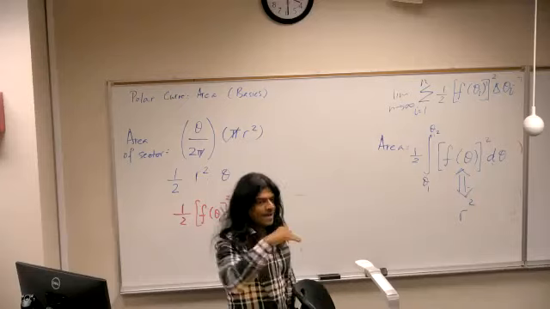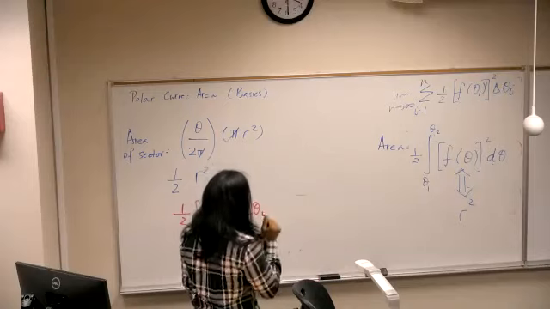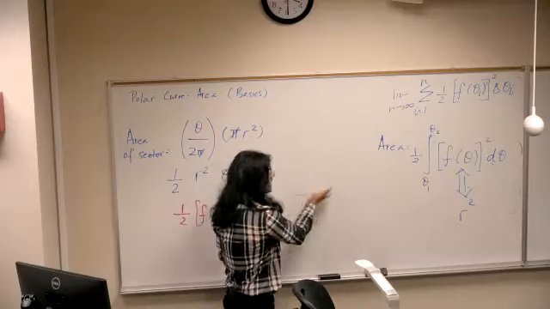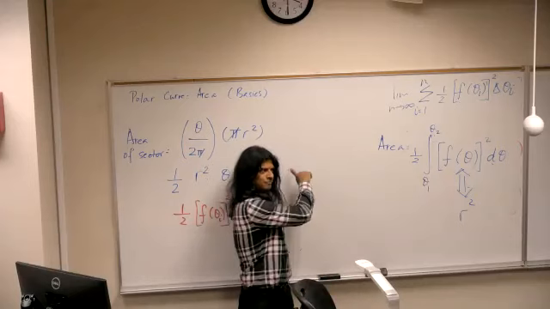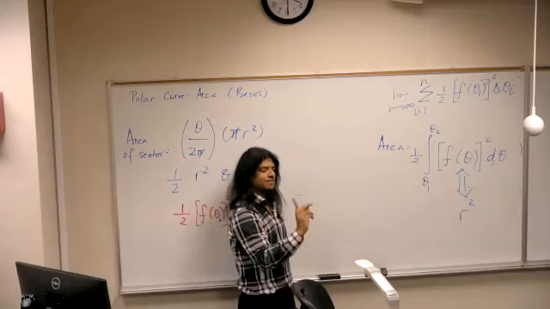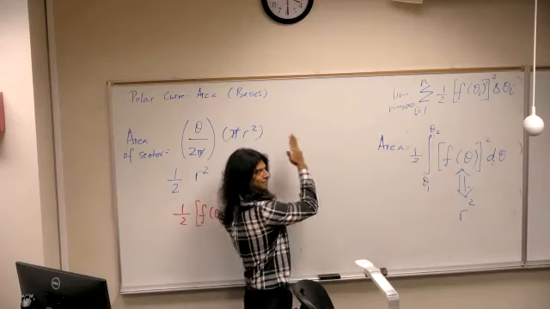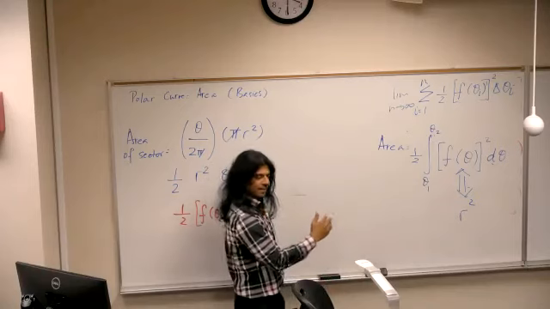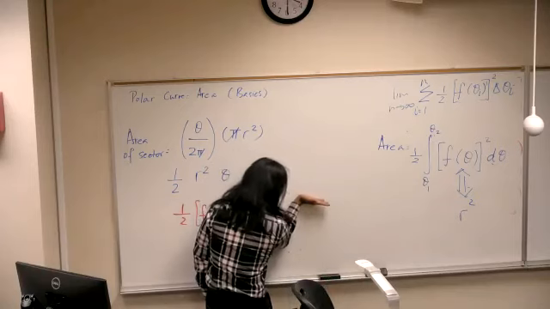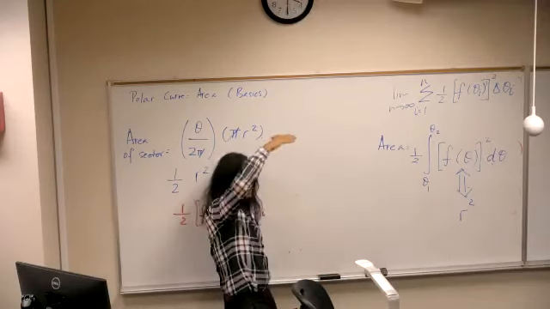Area under the curve. Did I find area under the curve here? No, I've rather found the area of each slice. In other words, the area swept by the angular move that you made.